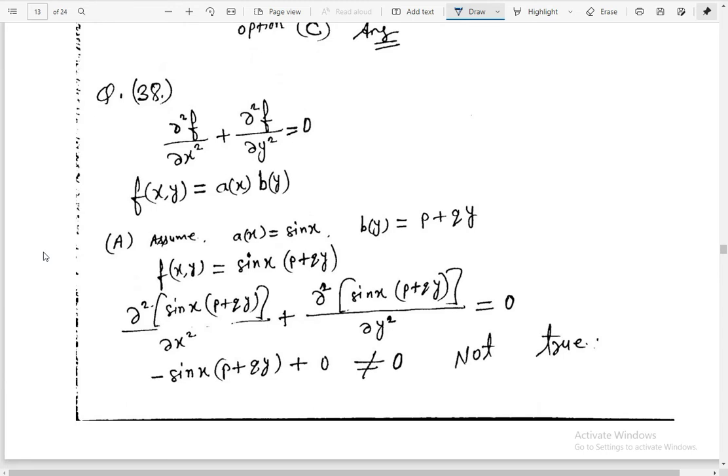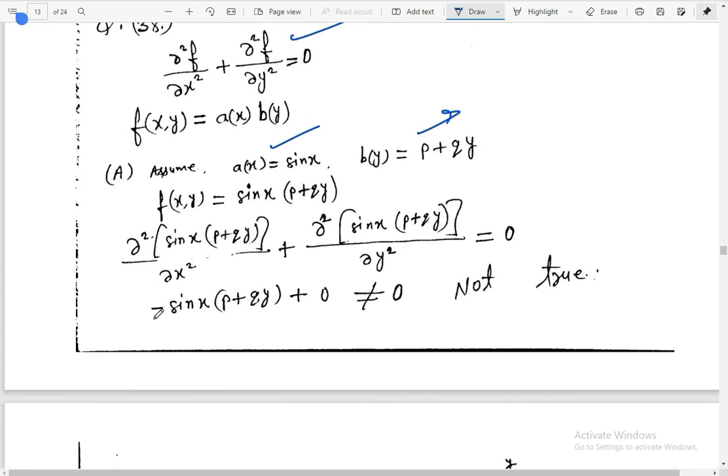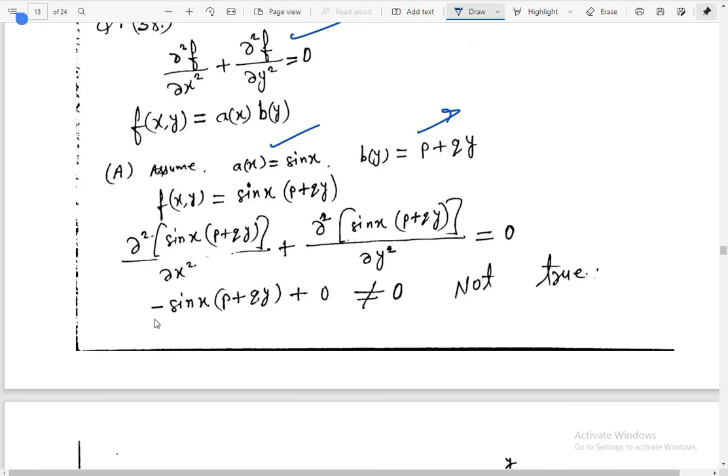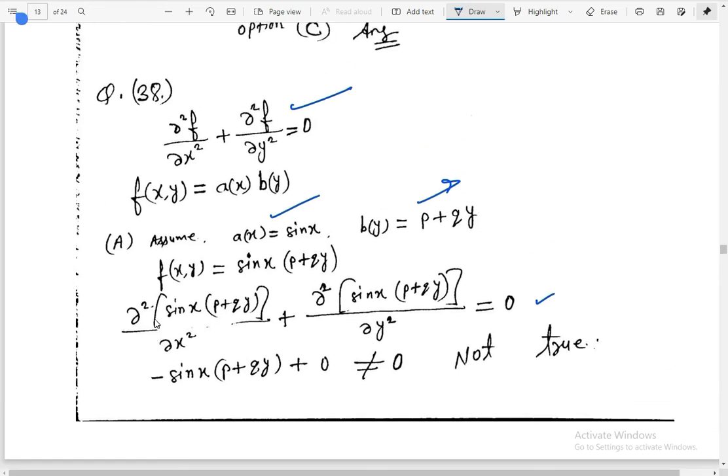I have taken option number 1, where one is periodic and one is linear. Assume a(x) equal to sin x and b(y) linear, that is p plus qy. So f(x,y) equals a(x) times b(y), which is sin x into (p plus qy). We put this in the formula, and in the second part we got minus sin x (p plus qy) plus 0, which is not equal to 0.